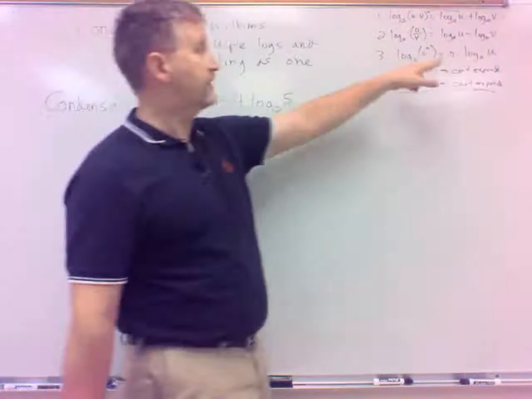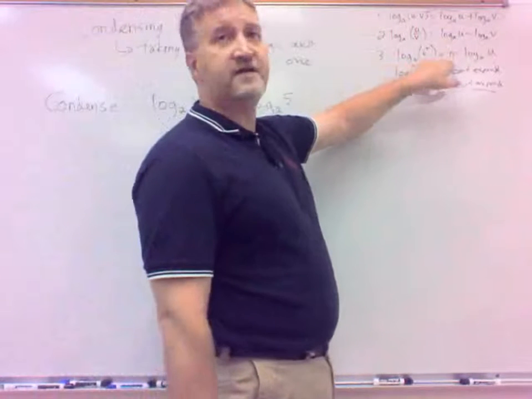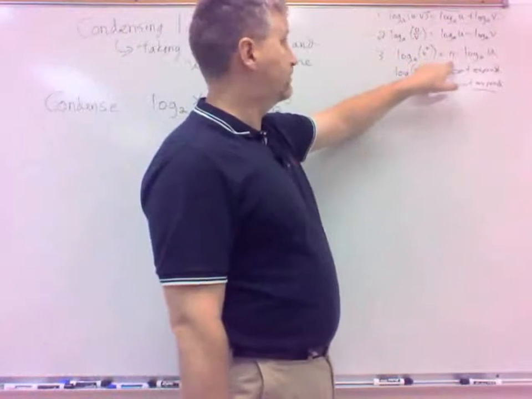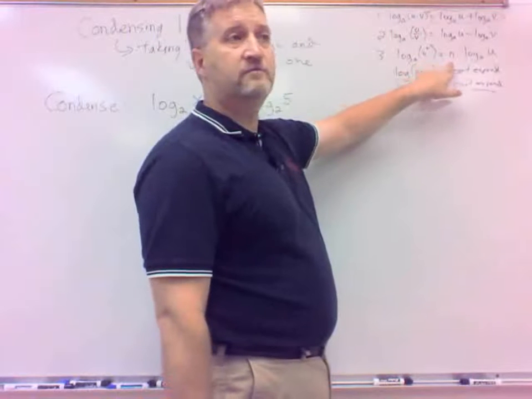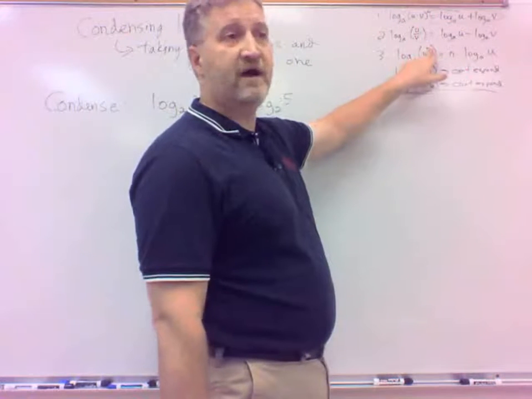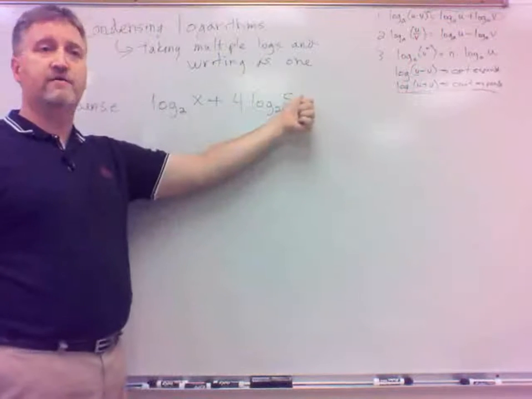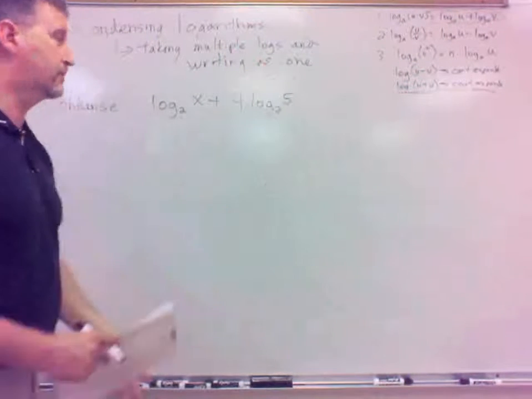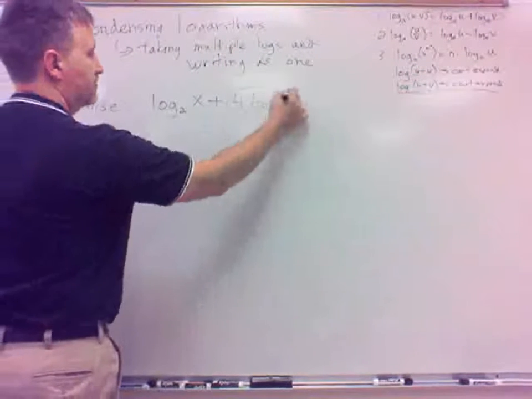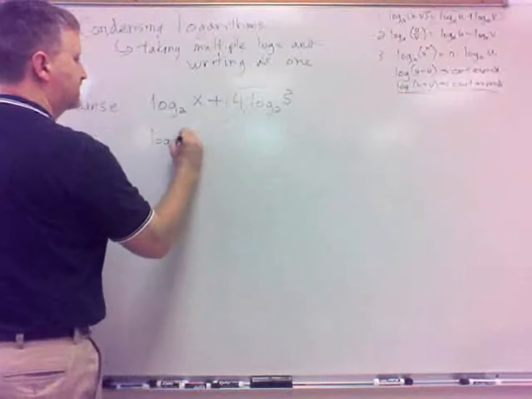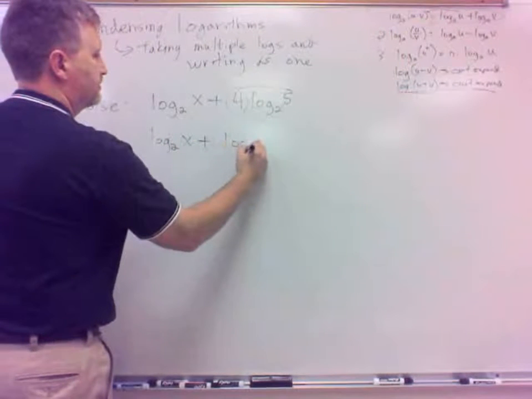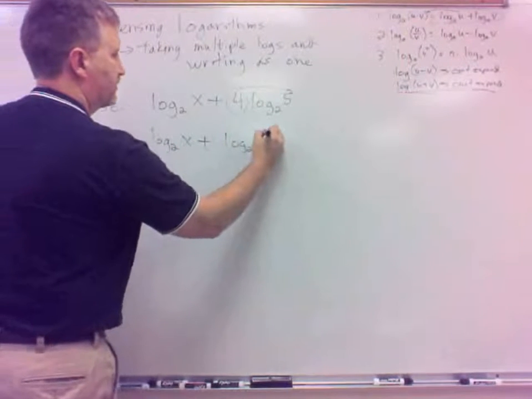Well, that's property 3, isn't it? If I have a number on the outside, then I can put it on the inside, and where does it go? It comes in as a power, doesn't it? So numbers on the outside, when I'm condensing, become the powers on the inside, just the reverse of what we were doing. So I want to take numbers on the outside and move them on the inside. So this will be log base 2 of x plus log base 2 of 5 to the 4th power.